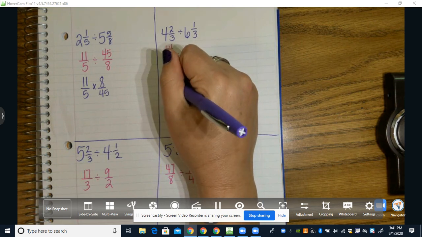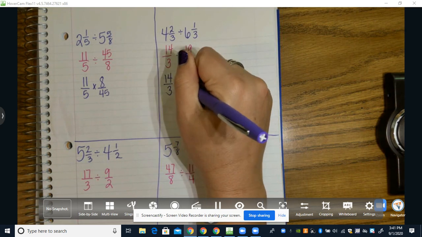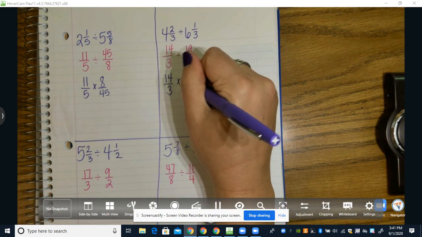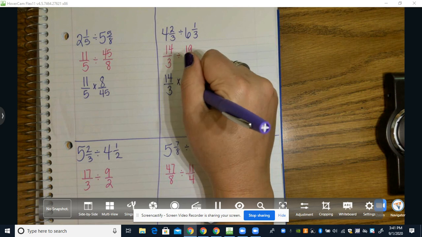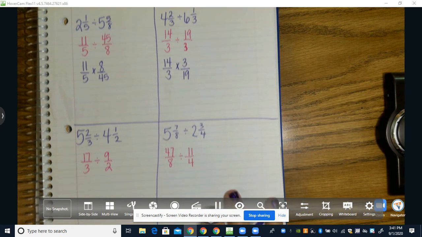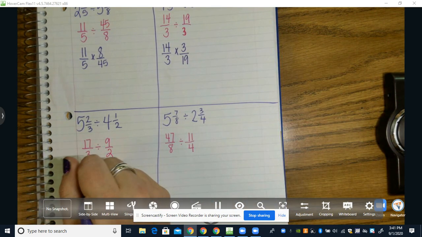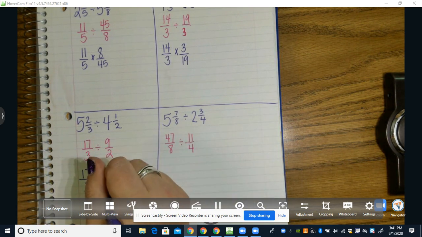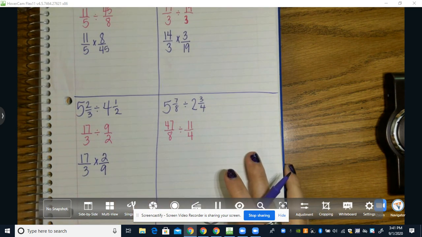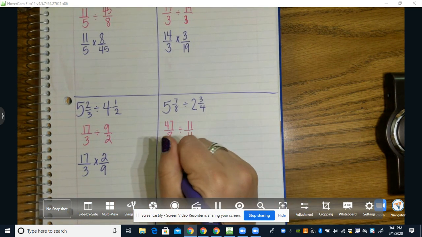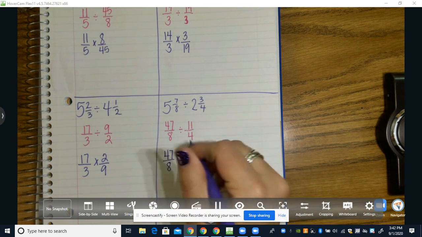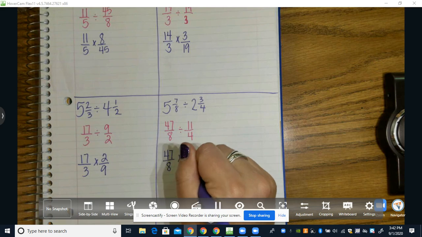So keep the first one, 14 over 3, change to multiply, and then flip it, which the reciprocal is 3 over 19. Here, my bottom one, I'm keeping the first one the same. I'm multiplying, and then the reciprocal would be 2 over 9. And the last one here, keeping that first one the same, that 47 over 8, multiply, and then the reciprocal would be 4 over 11.